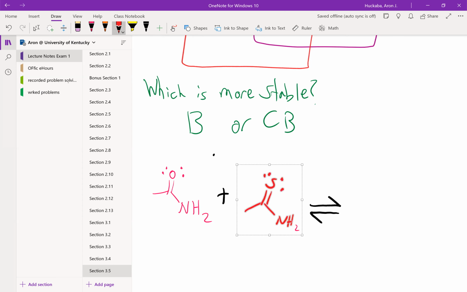So this pinkish one, it would serve here as the, oh wait, actually, this one should be NH, right? Yeah, there we go. Okay, now I'm on board.